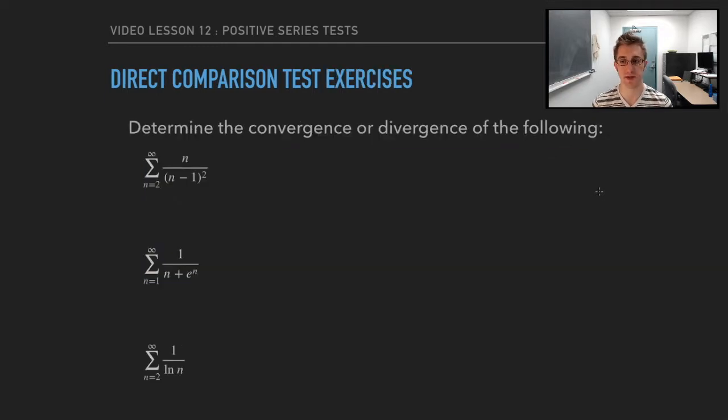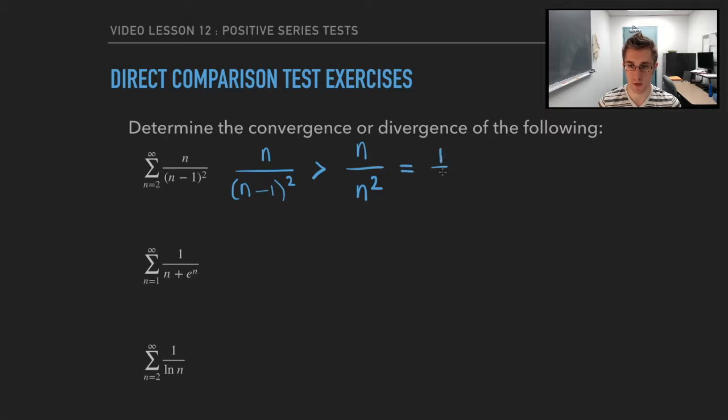Use the direct comparison test to show that each of these series either converges or diverges. Okay, so for this first one, I notice that n over n squared minus 1, if I ignore the minus 1 in the denominator, meaning look at n over just n squared, I made the denominator larger by getting rid of the minus 1, and so I'm going to get a smaller number.